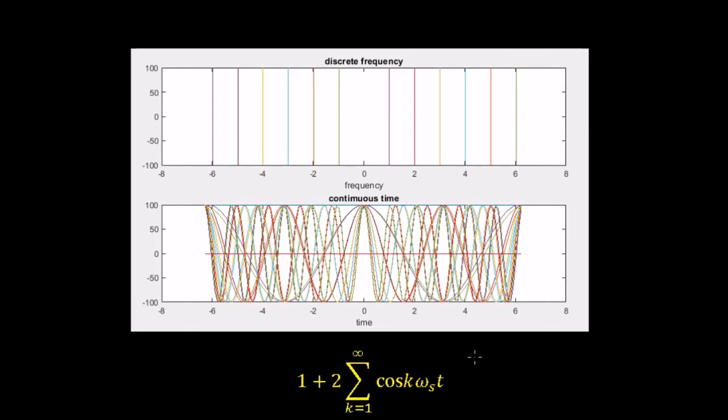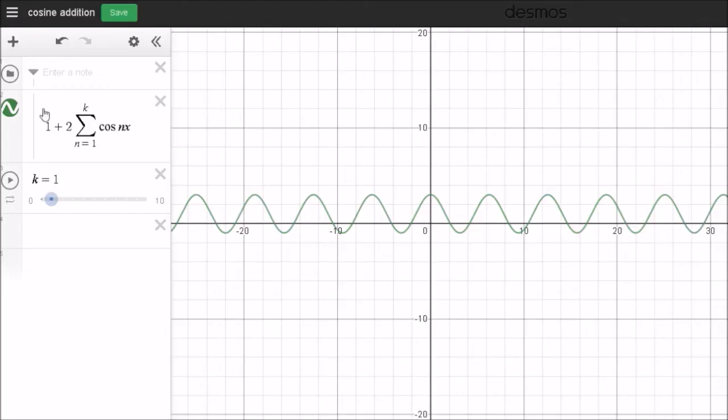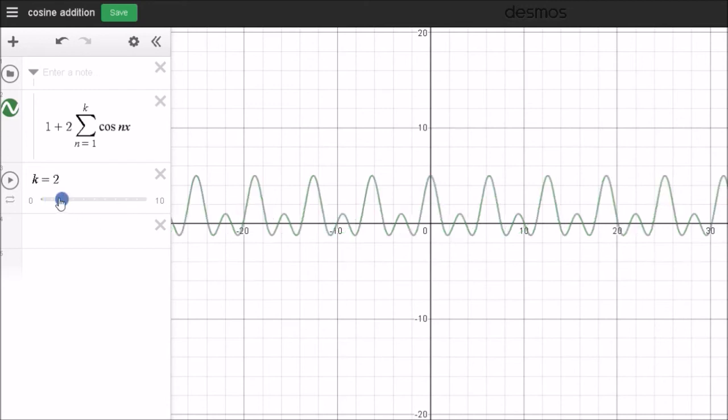So let's go ahead and have a look at this in a graphical calculator, and we'll see how the summation of all these cosines gives us an impulse train. I've put the function in this graphical calculator. Now the n x here, that's just the same as our k cos omega s t. So if I change the value of k, it just adds more and more of these cosine functions up. So that's the second one added and the third one.